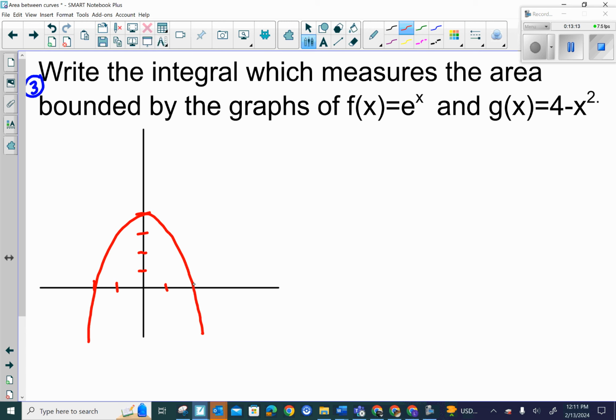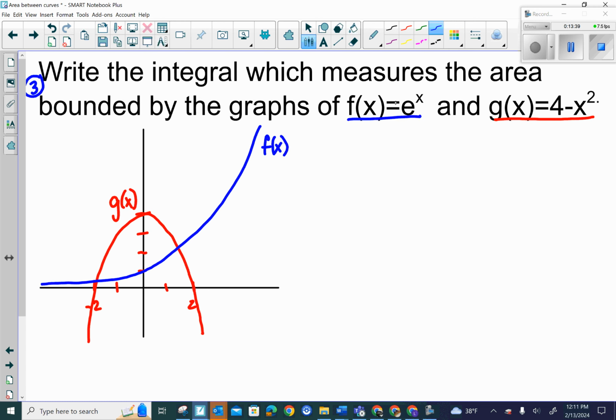Not that that matters so much right now, but we have to get a little accuracy in. So that is g of x. And f of x is e to the x. This one comes in here like this, crosses at 0, 1, and skyrockets off there. So that's f of x.